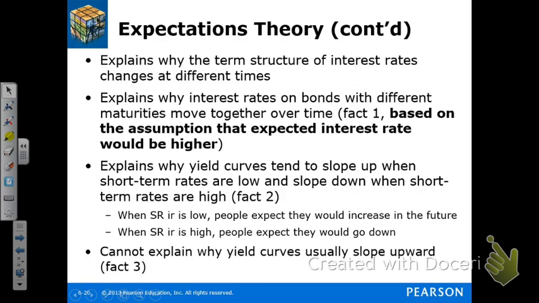So let's say the short-term interest rates are very high. Let's say the stock price of Tesla is exceptionally high. What do people expect? They expect it to go down. No matter how stupid these statements may sound, it actually makes sense according to rational expectations or expectation theory.